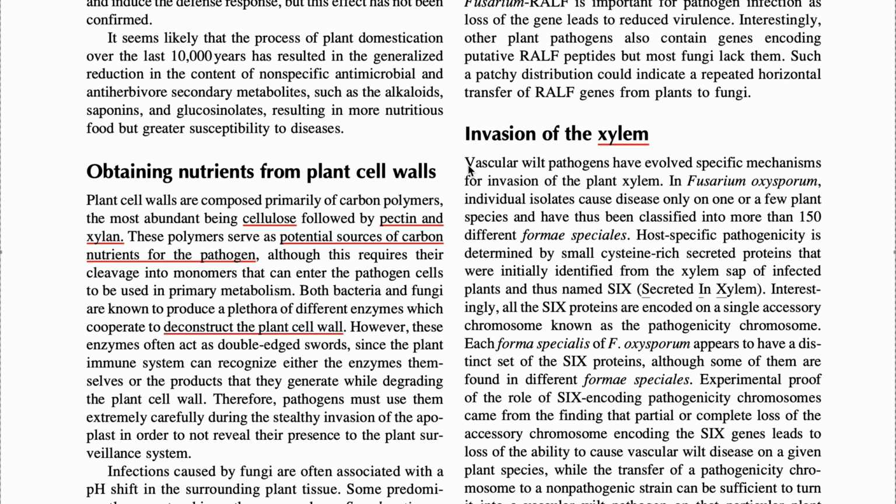Vascular wilt is mainly caused by Fusarium oxysporum, but there are more species, though mainly Fusarium. Similarly, we have also heard of pathogens which infect phloem vessels, such as the phytoplasma. They mainly target the phloem vessel. Why? Because phloem is responsible for translocating food for the plants, right?